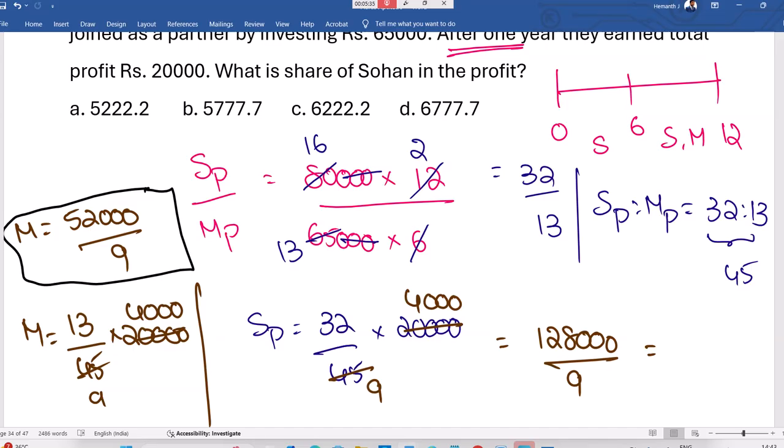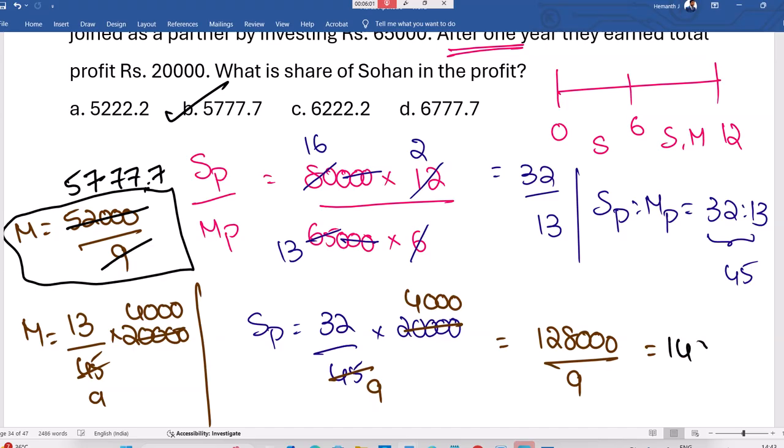Now you can observe it's 9 fives are 45, then 70 will be there, then 9 sevens are 63. So option B. The question should be Mohan: what is the share of Mohan? Obviously, as I mentioned, it's a larger value. It should be close to 14,000 something, right?